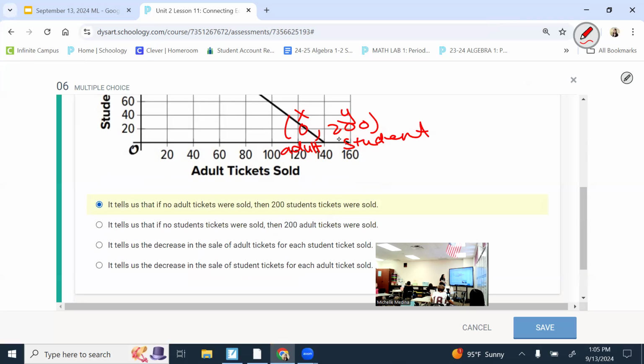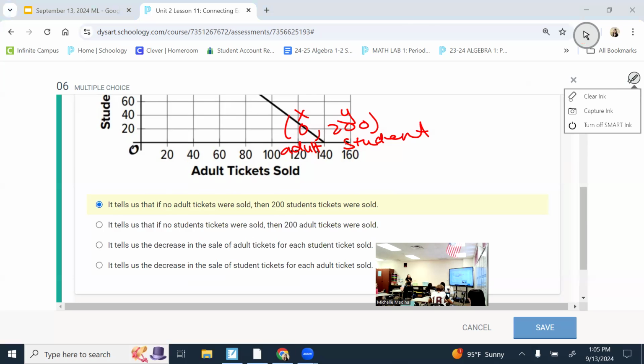That was good so far. This one says the opposite, so I'm not going to pick that one. And then about the decrease in sale of each ticket, that is more like your slope. So saying how much the adult tickets decrease when a student ticket is sold is more like your slope rather than your intercept. Okay, does that make sense?